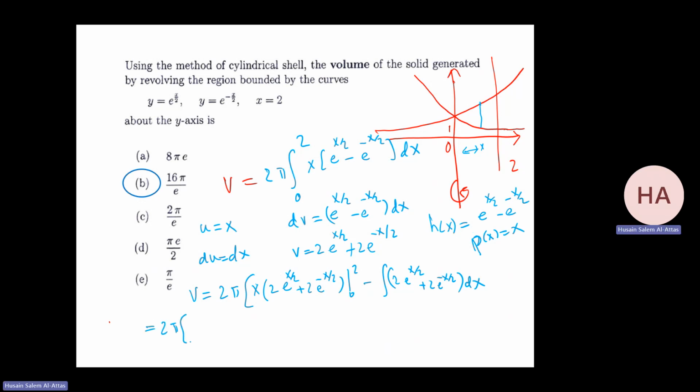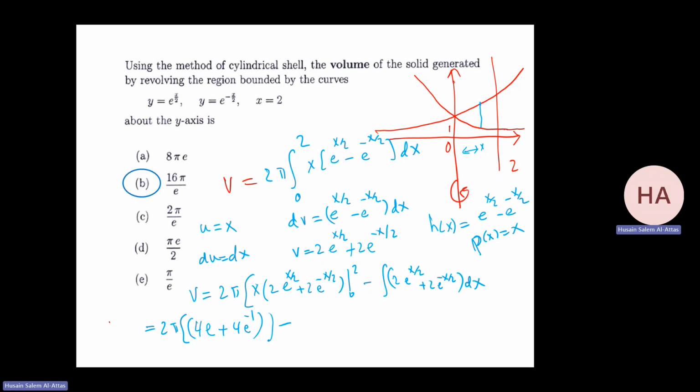So that gives me what? 2 pi times what? 2 times 2 for e, plus, for e it is minus 1, minus what? With 0, that would be 0. Nothing to worry about here. Minus.